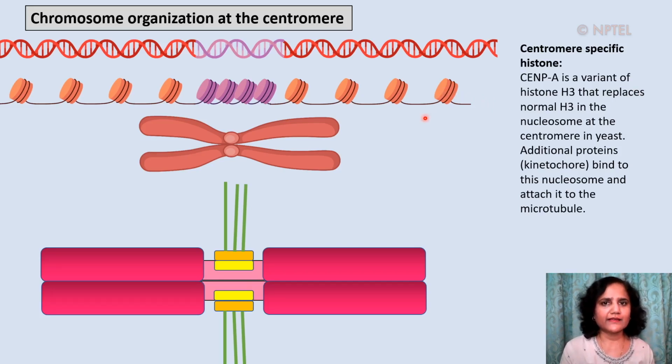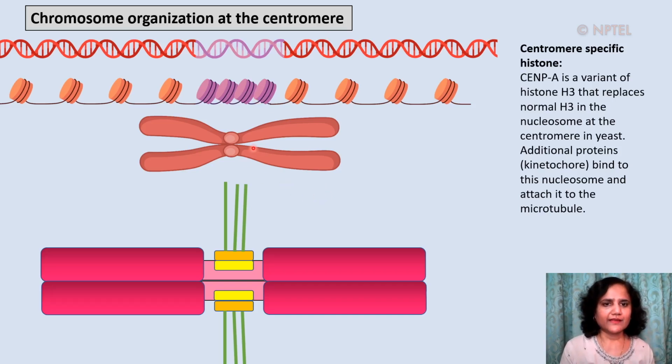So here is an example of a centromere specific histone CENP-A. You can see here the centromeric DNA, and in this region the nucleosomes appear to be different from all the other nucleosomes, and this is a representation showing that these nucleosomes are different because they have incorporated CENP-A instead of the regular histone H3.